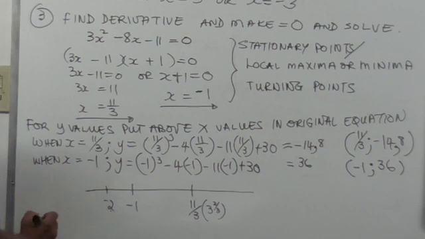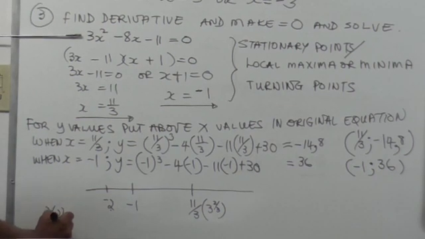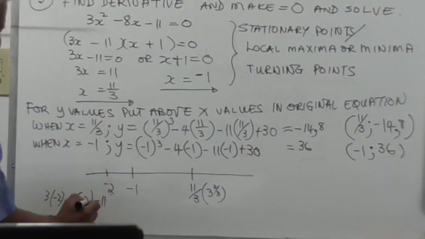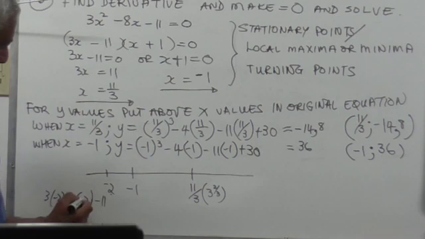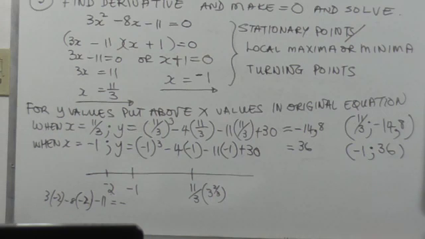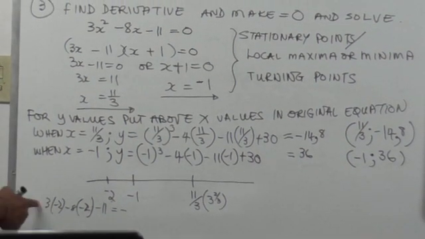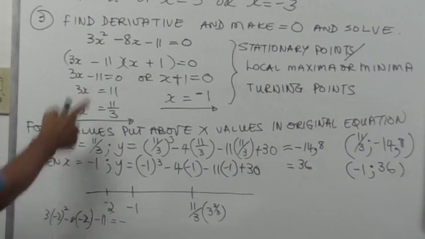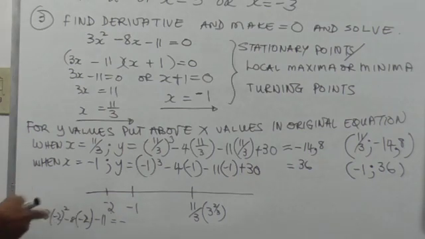There's the derivative: 3 times minus 2 squared minus 8 times minus 2 minus 11.